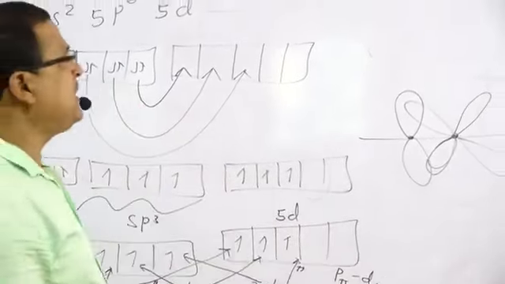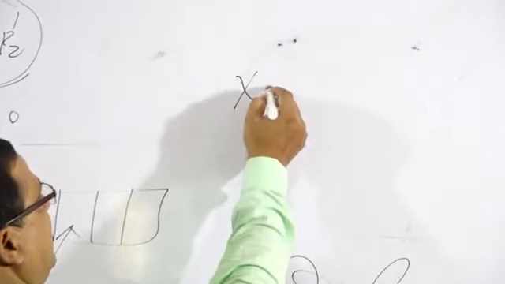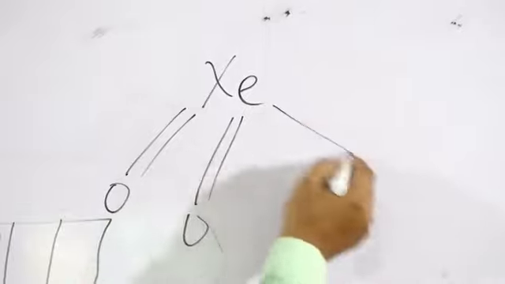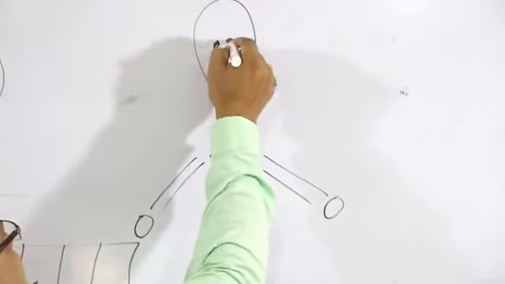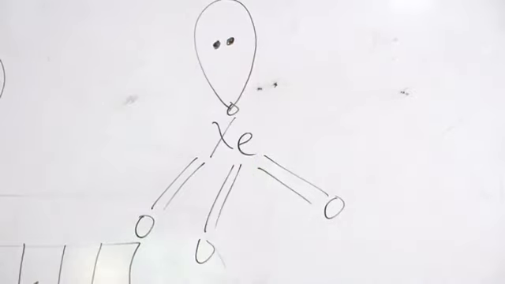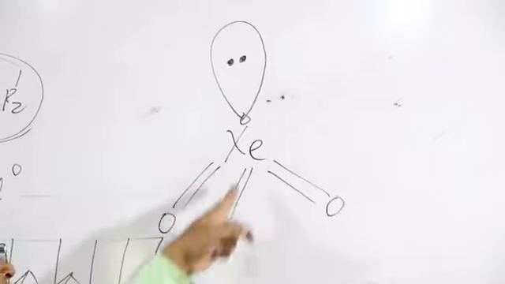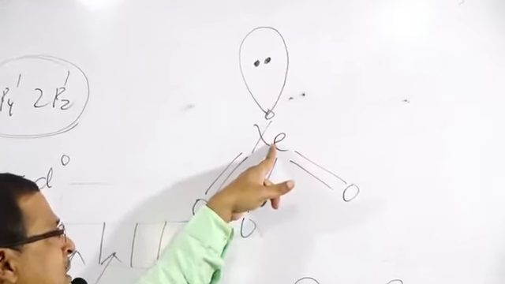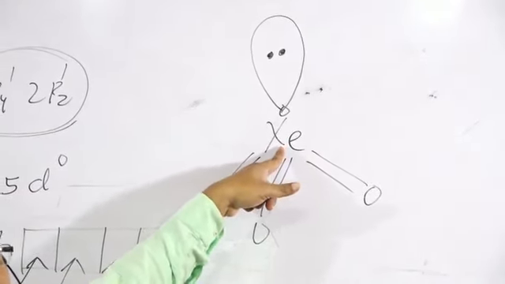The structure is just like ammonia: xenon double bond O, double bond O, double bond O, and a lone pair. Just like ammonia, nitrogen at the center with H, H, H and a lone pair, similarly xenon at the center has a pyramidal structure.